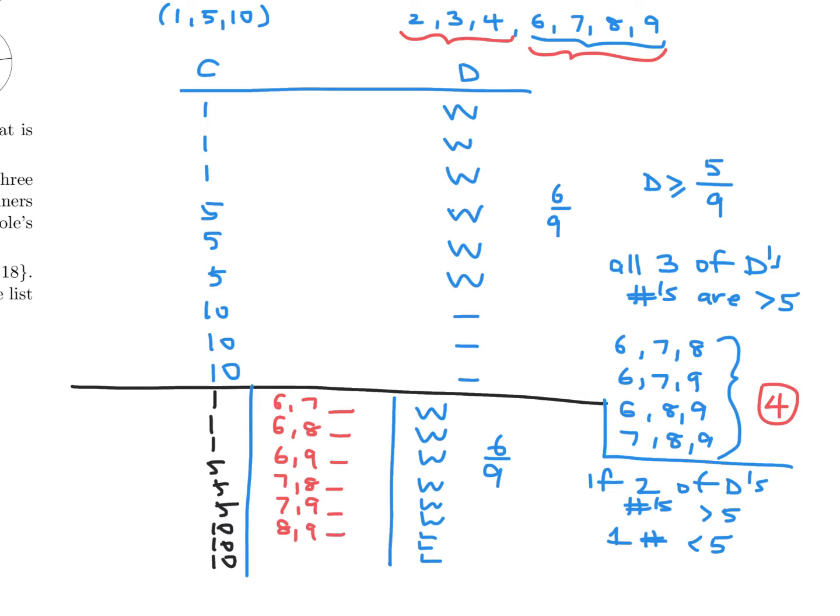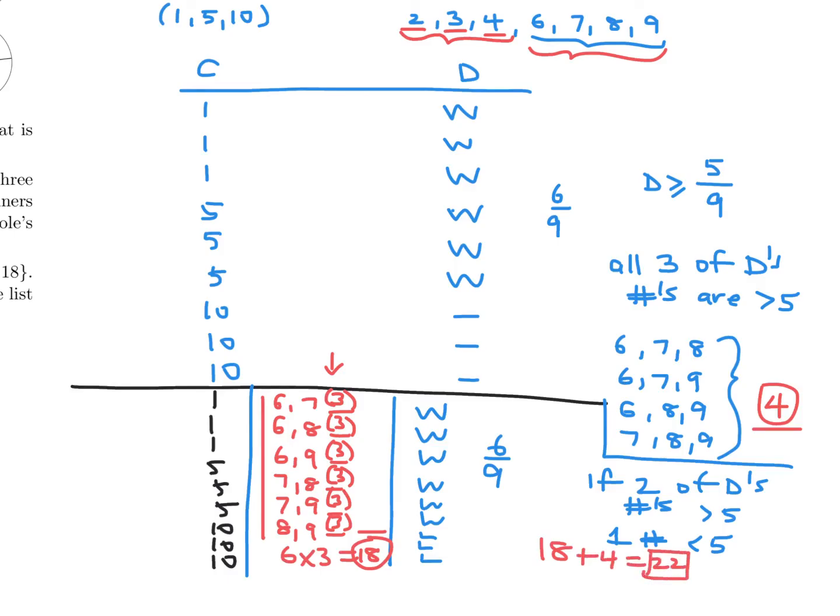And for each of these, you can put either a 2, 3, or 4, so you have 3 choices for each of those. So it looks like there's 6 of them, and for each of those 6, there's 3, so 6 times 3 is 18. So total would be that 4 and that 18, so 18 plus 4 is 22. And that is the grand total for this question.